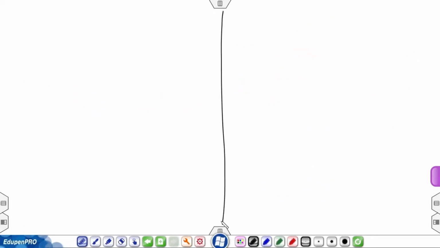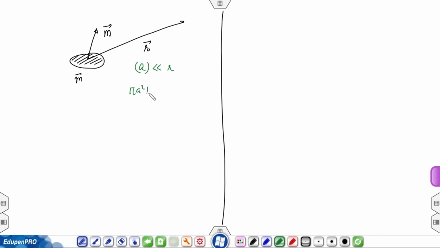So, just to recap, if I have a point dipole m pointing in some direction, this is m, and I want to calculate the vector potential at vector r. This is a point dipole because we have taken a to be much smaller than r, and πa²I to be the magnitude of m.